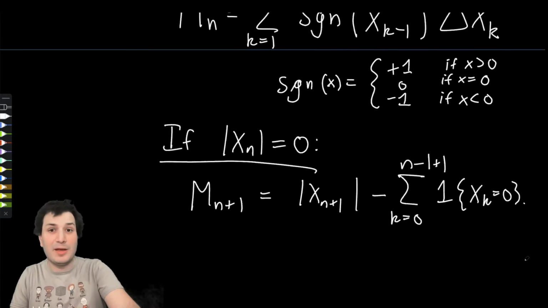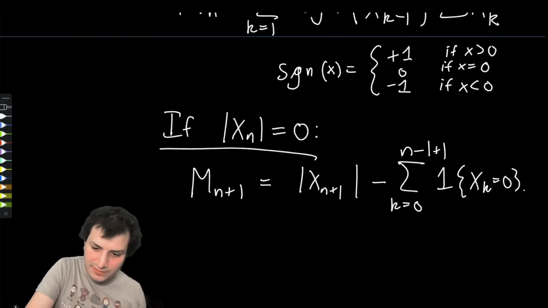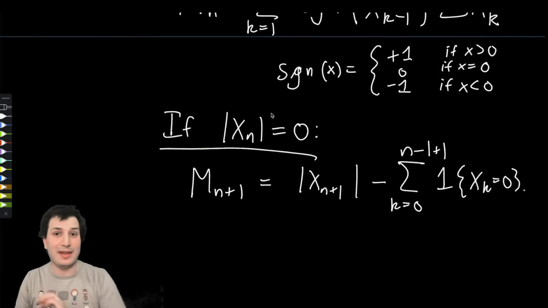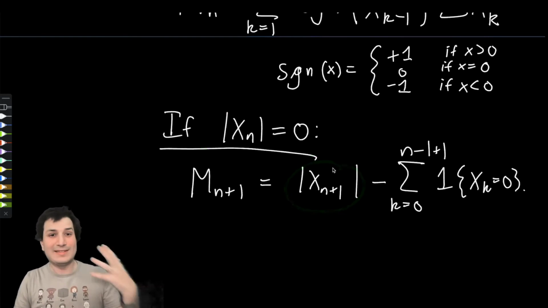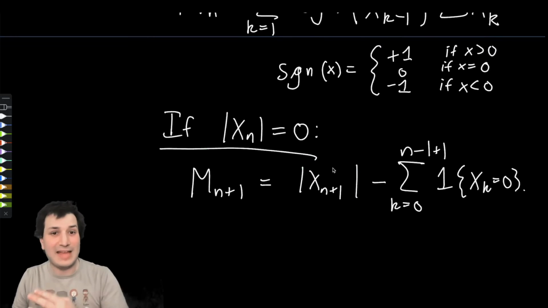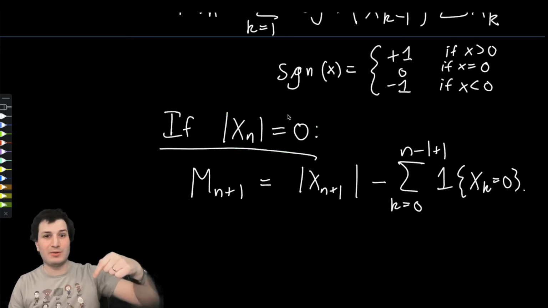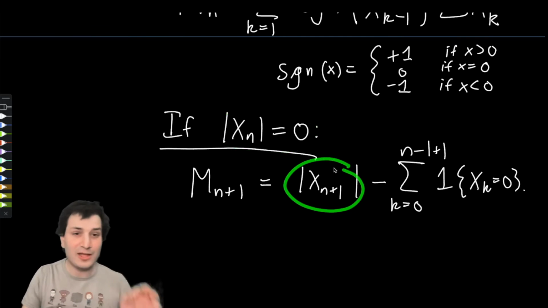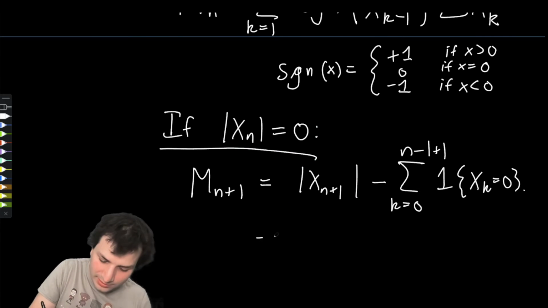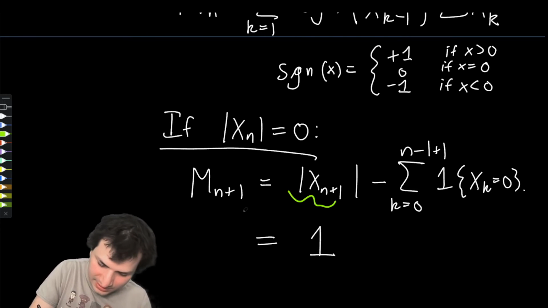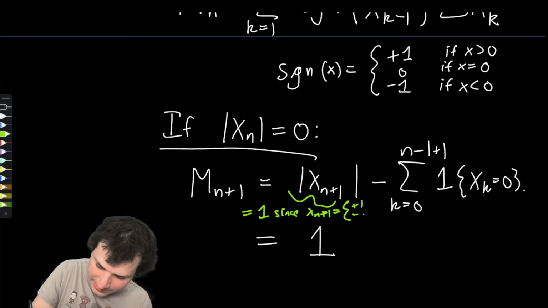That's the formula. But if x_n equals 0, if you're at 0 at time n, then what is x_{n+1}? Well, it's the absolute value of the next step. If you're at 0, you're either going to be at +1 half the time or at -1 half the time. But either way, the absolute value will be exactly 1, since x_{n+1} is either +1 or -1.